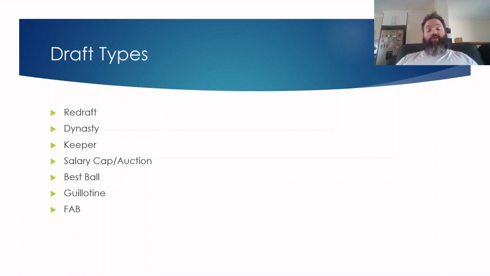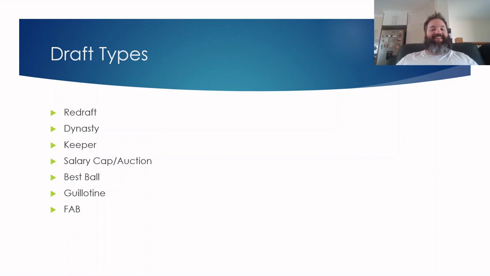You can also do a linear draft where the draft order is the same for every round, but obviously that creates a massive advantage for people who get to pick first or in the earlier part of the round. There are some more advanced ones like third round reverse, which starts linear and then goes to snake.